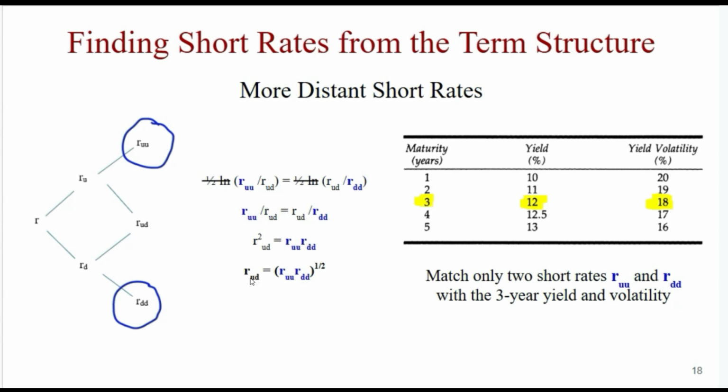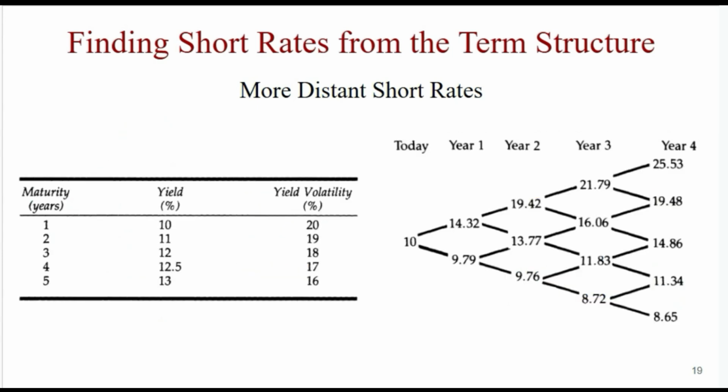And once we solve for the 2 quantities, R sub UU and R sub DD, with our solver program, then we can find R sub UD by taking the square root of this product. So this is the full tree of short rates that we can find using this process, which matches the term structure that we're given.